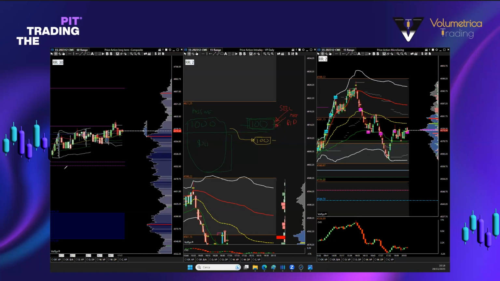So all of the aggressive sellers start to realize that the wall against them is thicker than what they thought. They are adding up contracts.